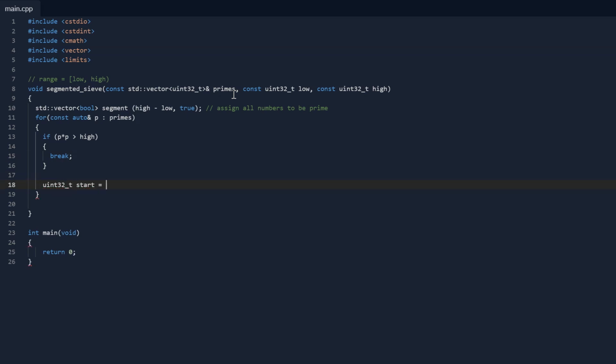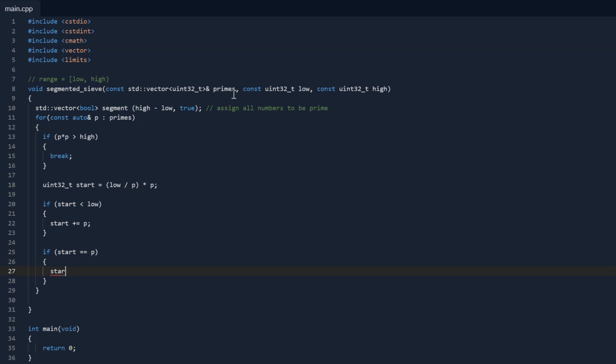And we compute our start variable as we discussed. This is basically the rounded value of low divided by p times p. And if start happens to be less than low, we need to increment it by p. And if start happens to be equal to p, we just start at the next multiple of p.